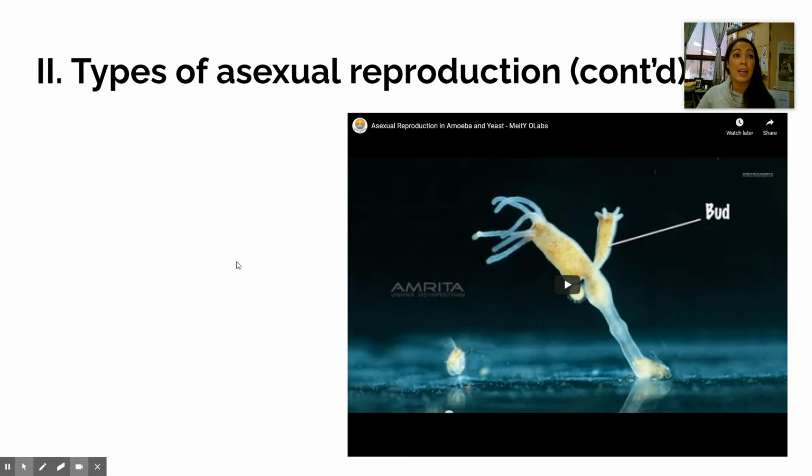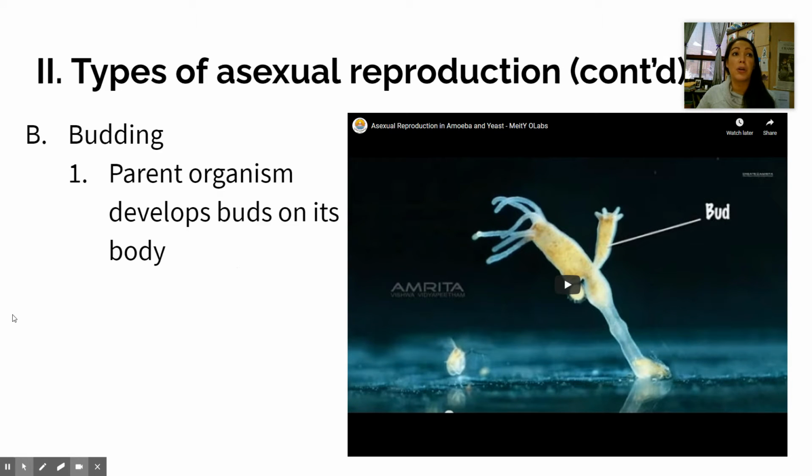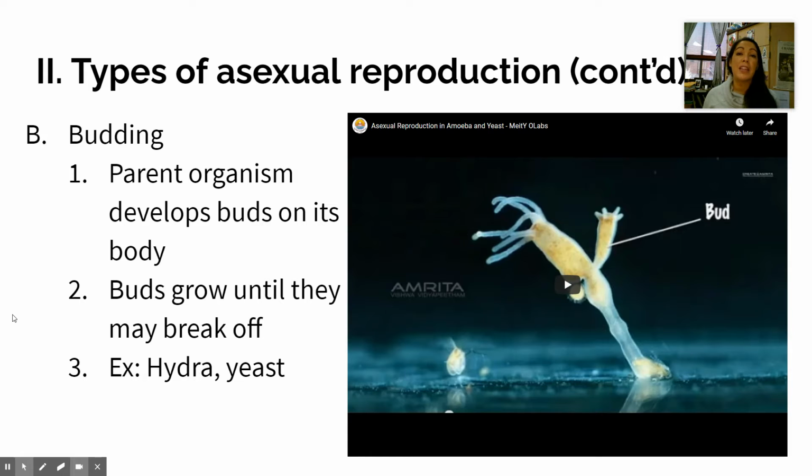The next type of asexual reproduction is called budding. This is for things that grow a bud off of themselves. Oftentimes we see this in plants, especially succulents.